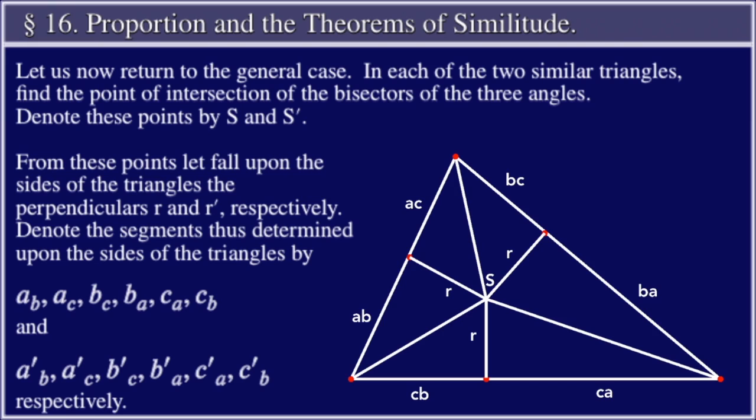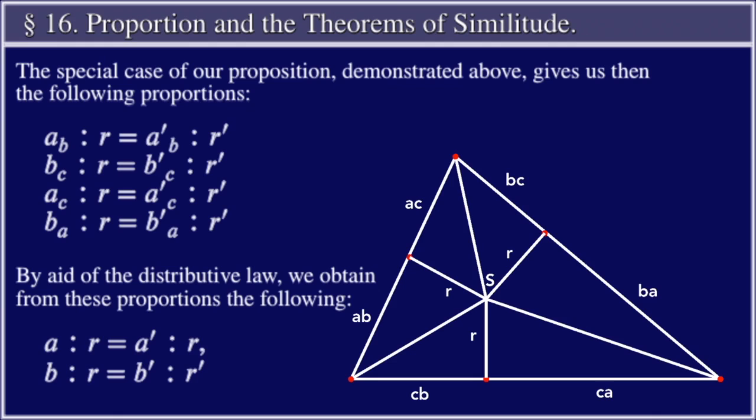Denote the segments thus determined upon the sides of the triangle by A sub B, A sub C, B sub C, B sub A, C sub A, and C sub B, and A' sub B, A' sub C, B' sub C, B' sub A, C' sub A, C' sub B, respectively.